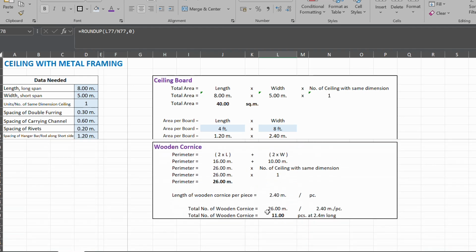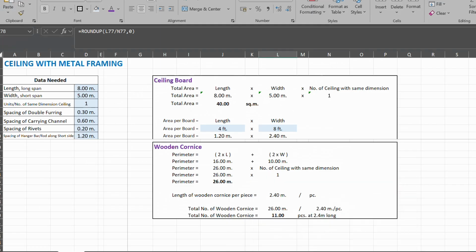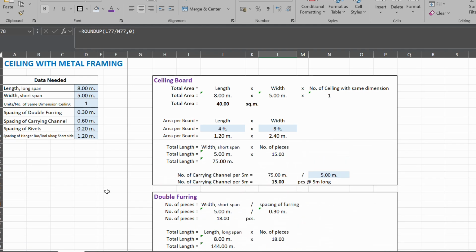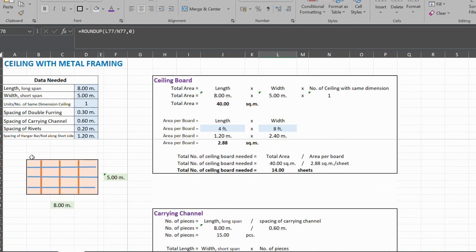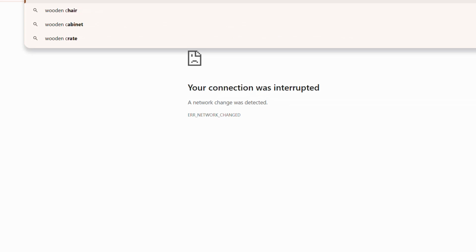And then the wooden cornice, I'm not sure if you are using it. Yun po yung design. You can use it or not. It's a design placed along the wall angle dito. I think we can check an example.